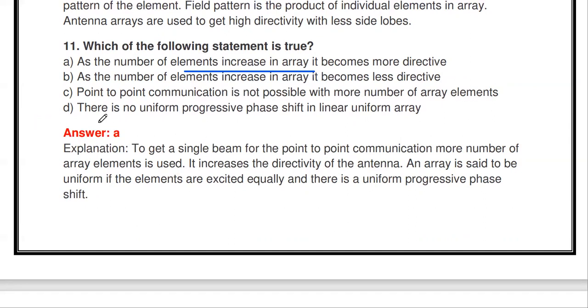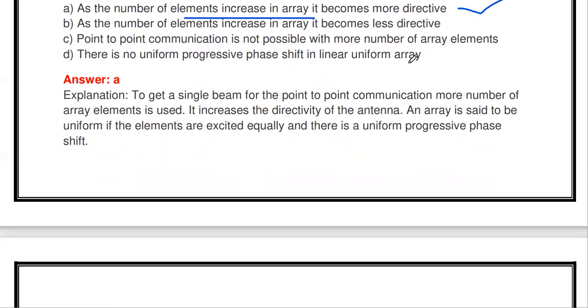There is no uniform progressive phase shift in a linear uniform array. Which one is true? The first one. If you are increasing the number of elements in the array, the directivity increases. It becomes more directive. This is the correct statement.